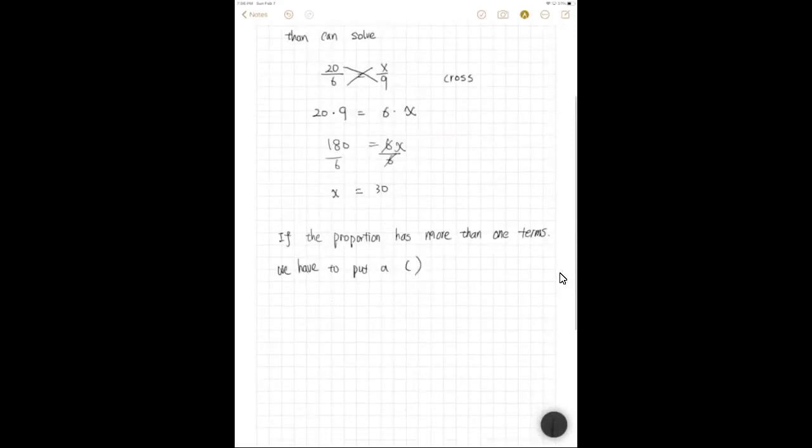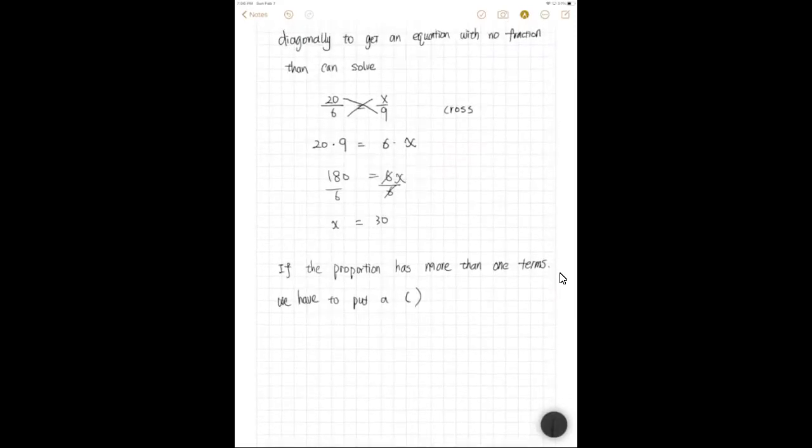I emphasize this a lot because when I taught Math 111, so many students, you will be surprised, didn't get to the final answer correct because they were missing the parentheses. So don't forget the parentheses. Then you distribute them.